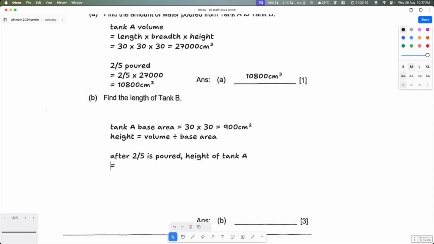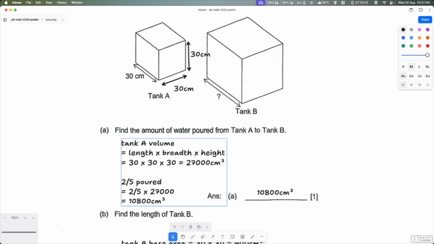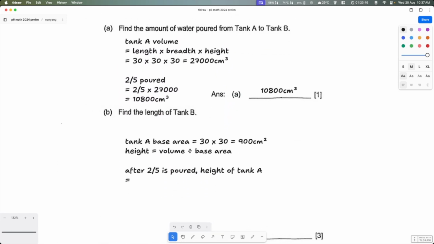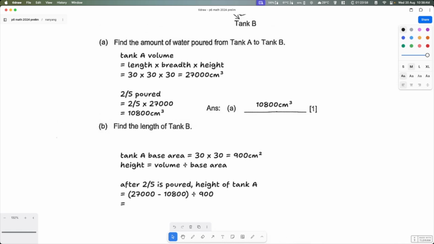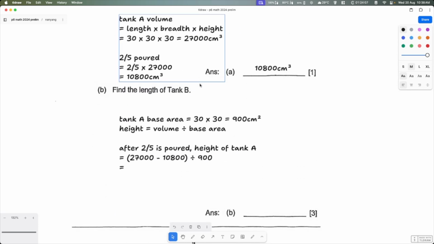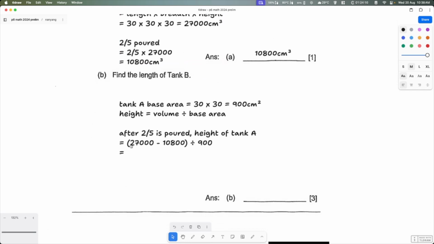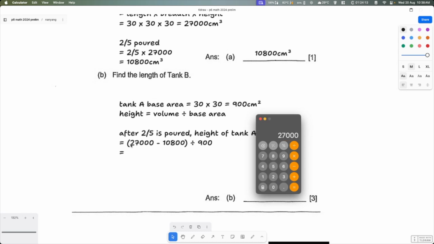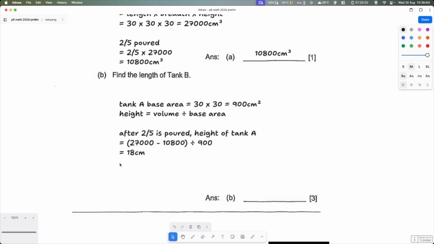Essentially, the volume is 27,000 minus 10,800, and then divided by base area 900. I can tell you the answer is probably 3/5 of 30, which is 18. But let's do this calculation: 27,000 minus 10,800 is 16,200, and then we divide it by 900, so it's 18 centimeters.